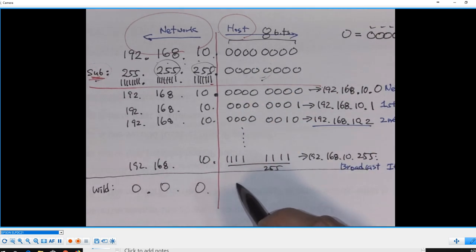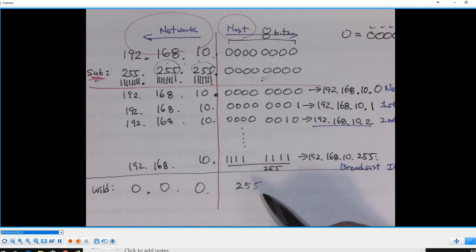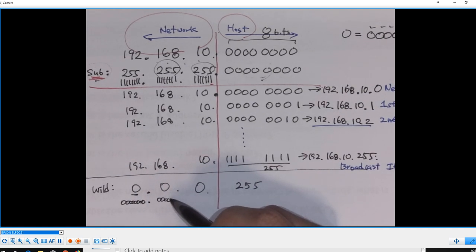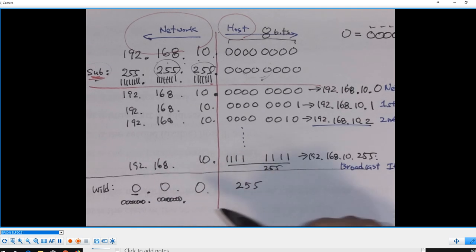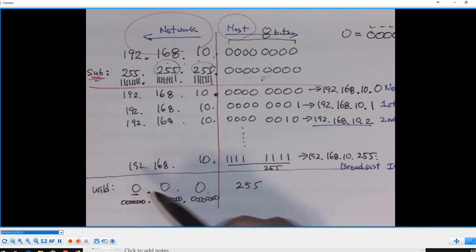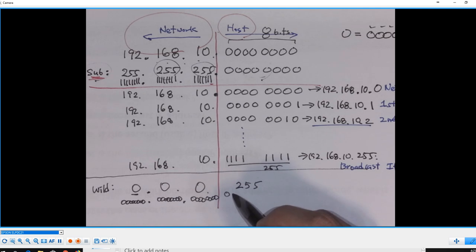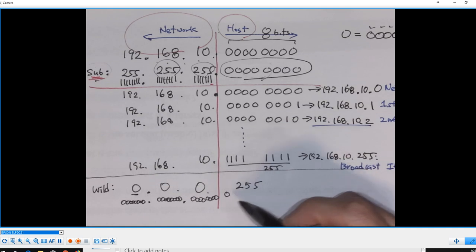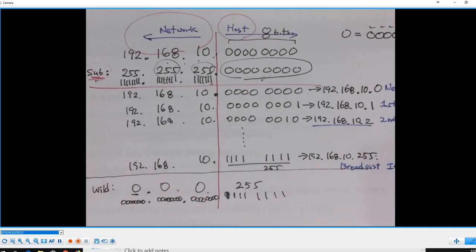So basically, if I change it into binary form, the 0 is 1, 2, 3, 4, 5, 6, 7, 8 dot 1, 2, 3, 4, 5, 6, 7, 8 dot 1, 2, 3, 4, 5, 6, 7, 8, because each octet is 8 bits long, right? And 255 is what? 255 is basically 11111111, right?